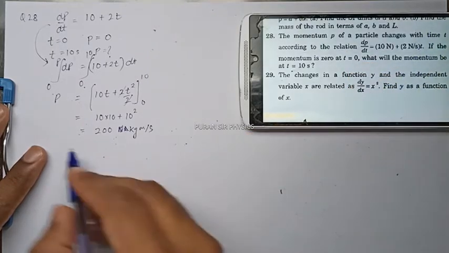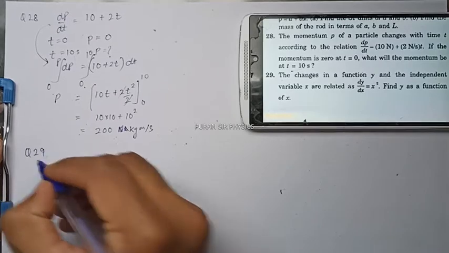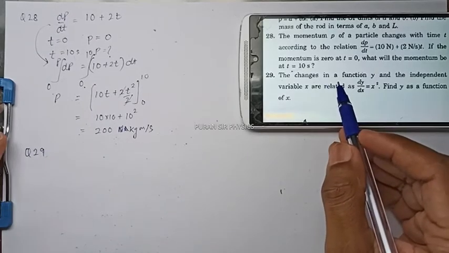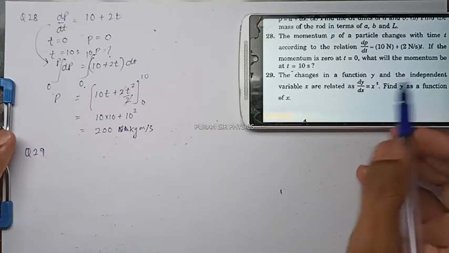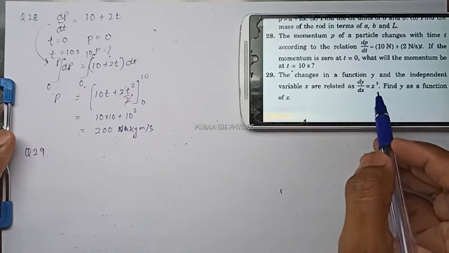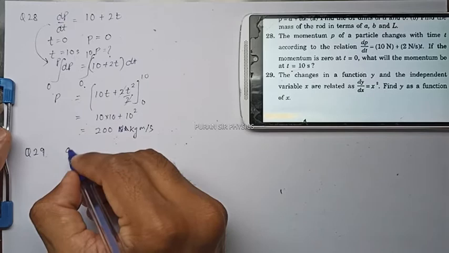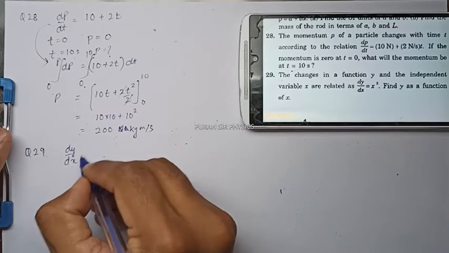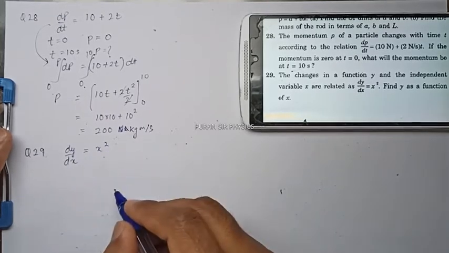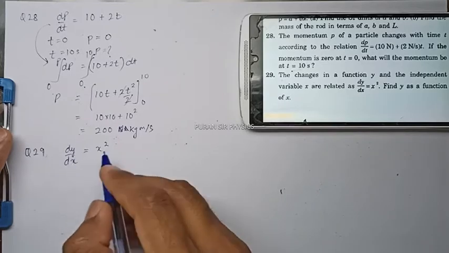In question number 29, the changes in a function y and the independent variable x are related as this. Find y as a function of x. So we have been given dy by dx as x square and we have to find y as a function of x.